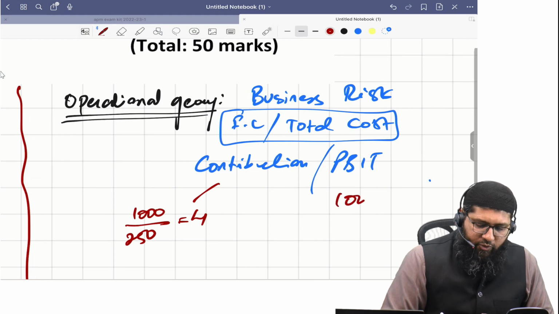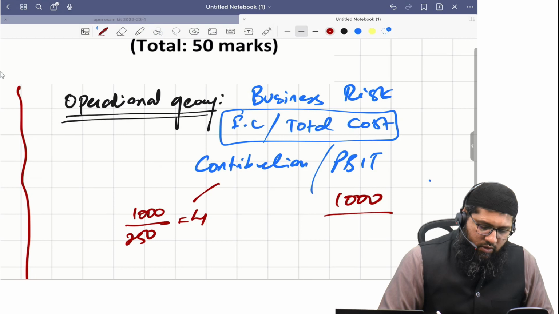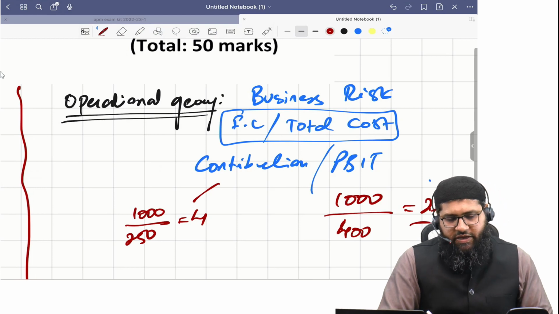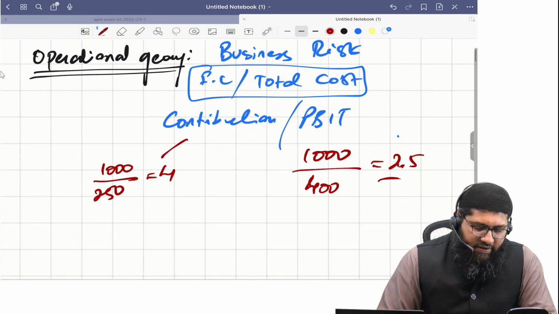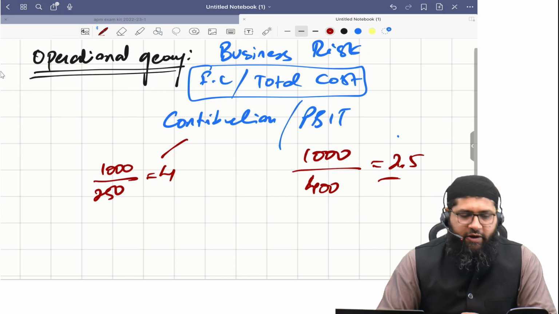If you have a contribution of 1000 and profit before interest and tax of 400, it is 2.5. This means the contribution is 4 times the profit before interest and tax.